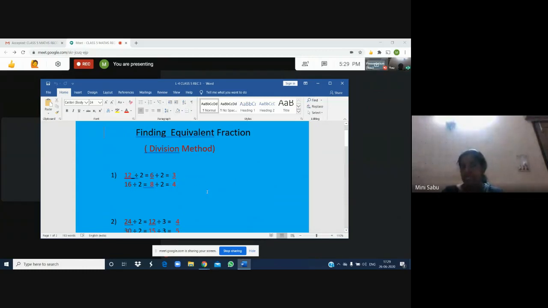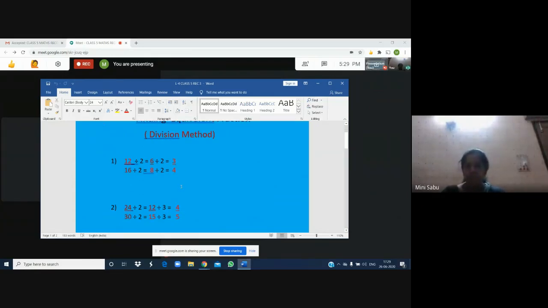Yesterday we learned that by multiplication method we can find as many equivalent fractions as possible. But in division method there is a limit. Did you understand this fact? It stops somewhere.